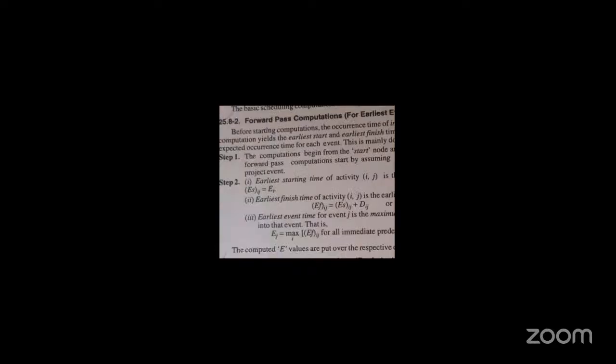It means for every starting event, we begin with zero time. So that is known as beginning from the start node and moving towards the end node.